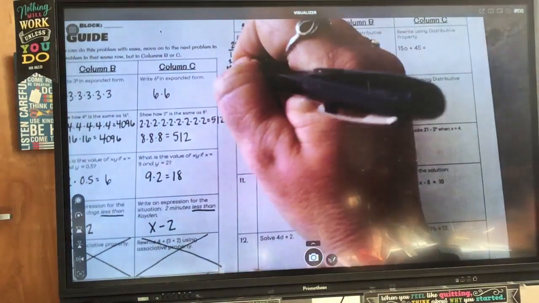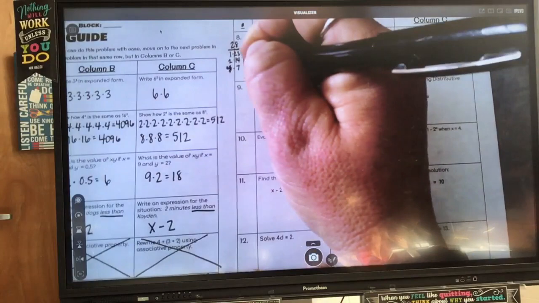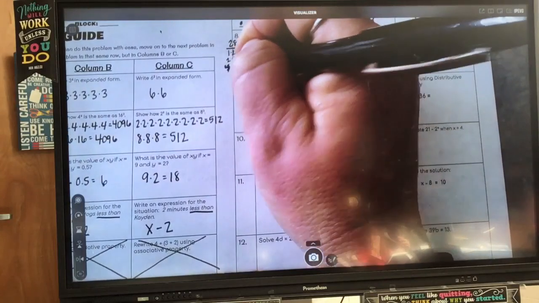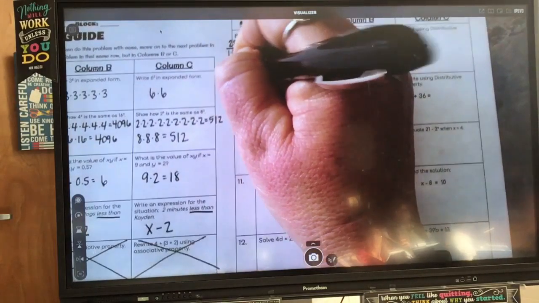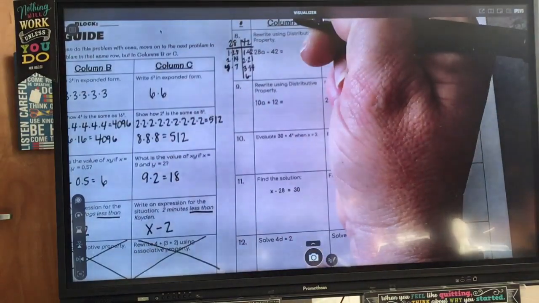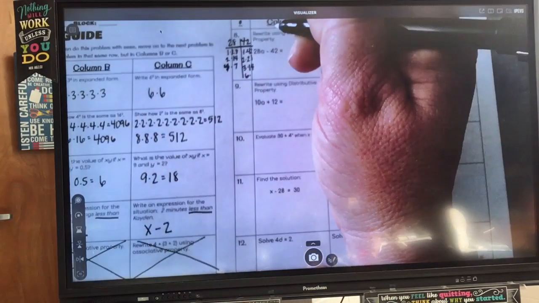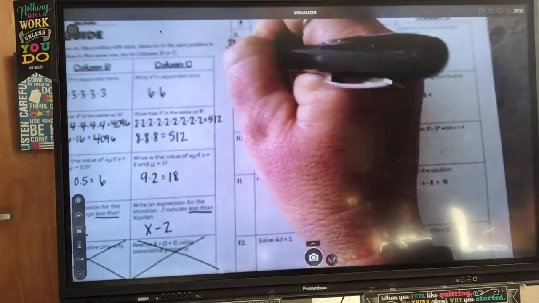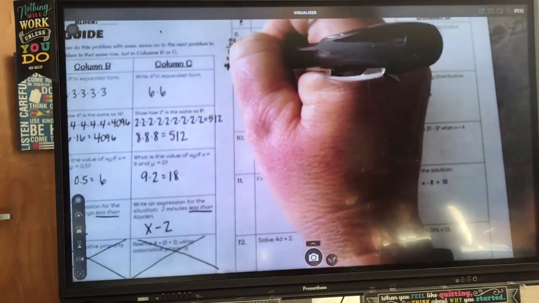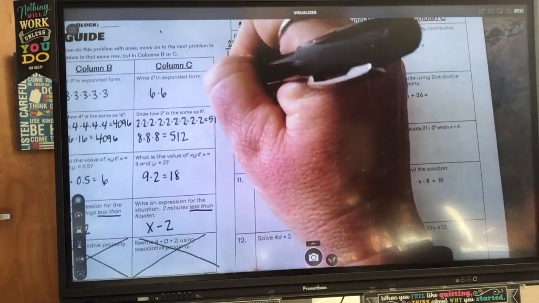What about 5? Does 5 work? Alright, what about 6? 6 times what? 7. So my GCF goes on the outside.